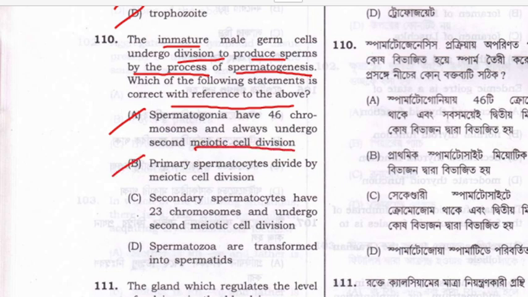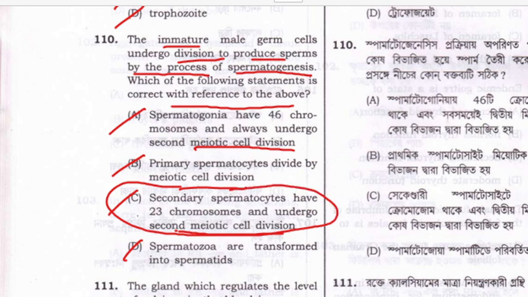B. Primary spermatocytes divide by mitotic division. C. Secondary spermatocytes have 23 chromosomes and undergo second meiotic cell division. D. Spermatozoa are transformed into spermatids. So the correct answer is C. The secondary spermatocytes have 23 chromosomes and they undergo the second meiotic division to produce haploid gametes.